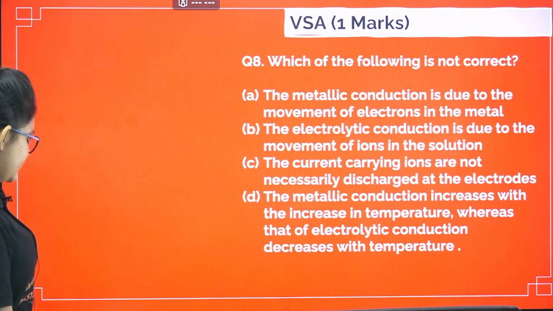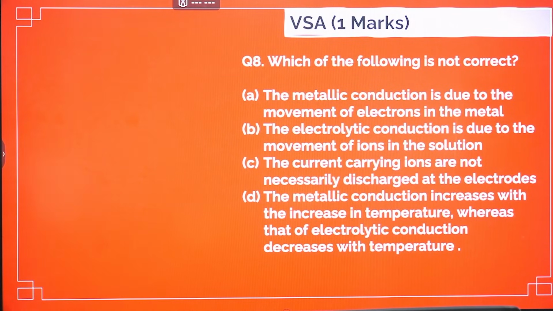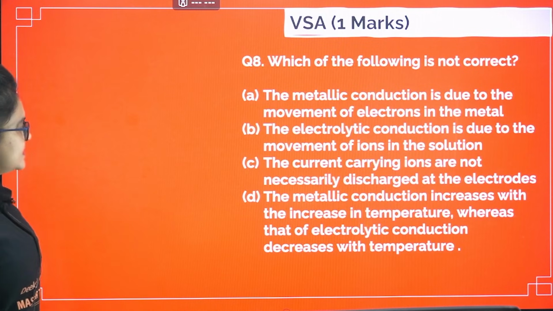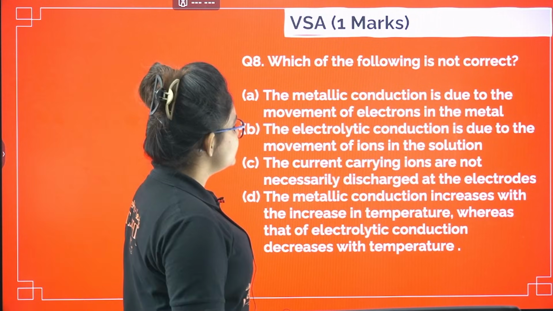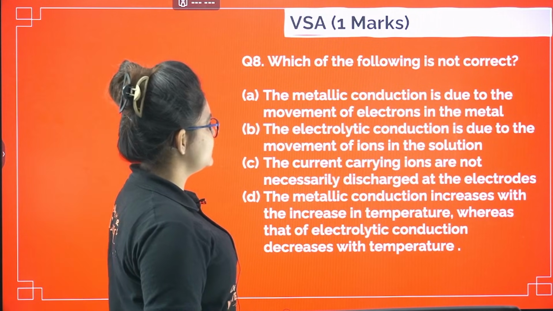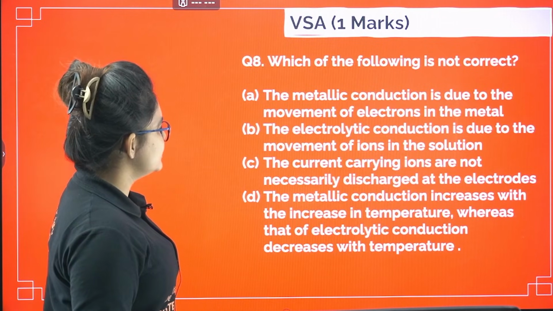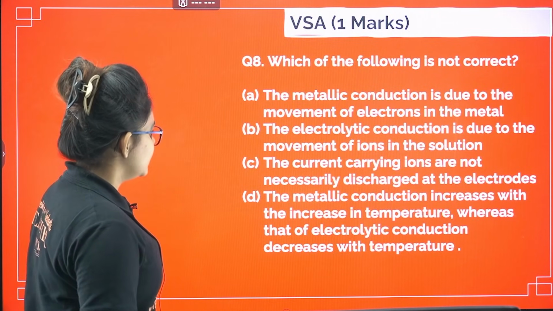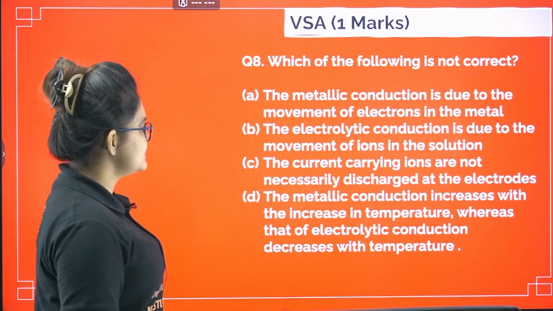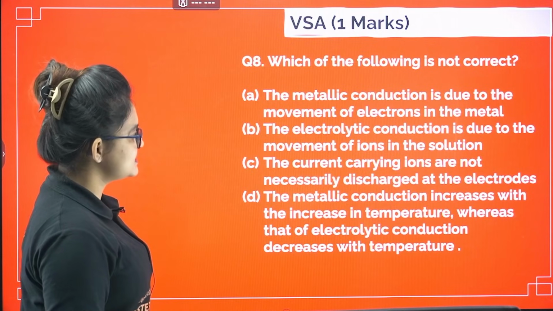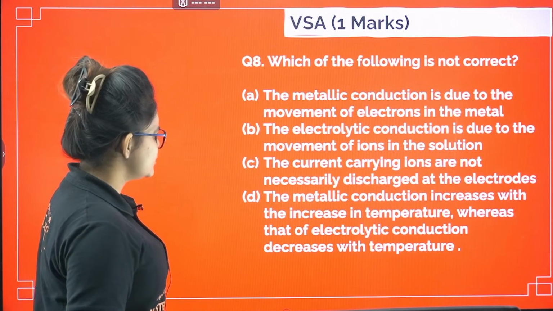Next, which of the following is not correct? Let's see. The metallic conduction is due to the movement of electrons in the metal. That's true. The electrolytic conduction is due to the movement of ions. That is also true. The current carrying ions are not necessarily discharged at the electrodes. That is also true.